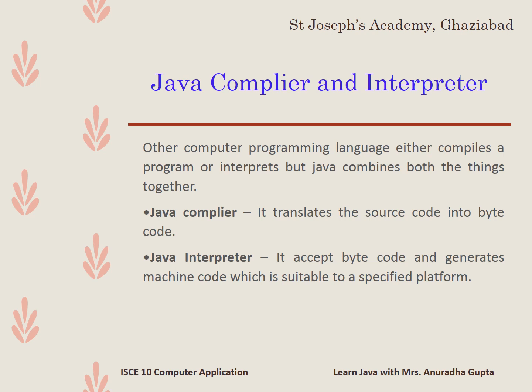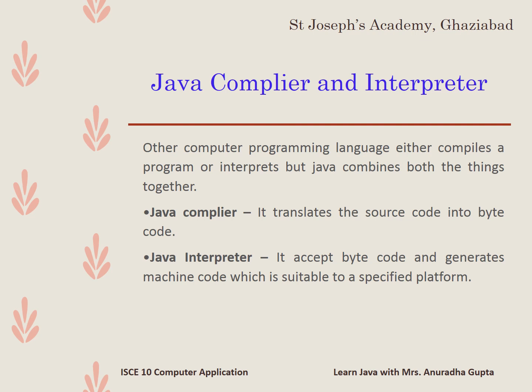Java compiler and interpreter. Other programming languages either compile a program or interpret a program, but Java combines both. Java programs need both a compiler as well as an interpreter. The Java compiler translates the source code into bytecode.